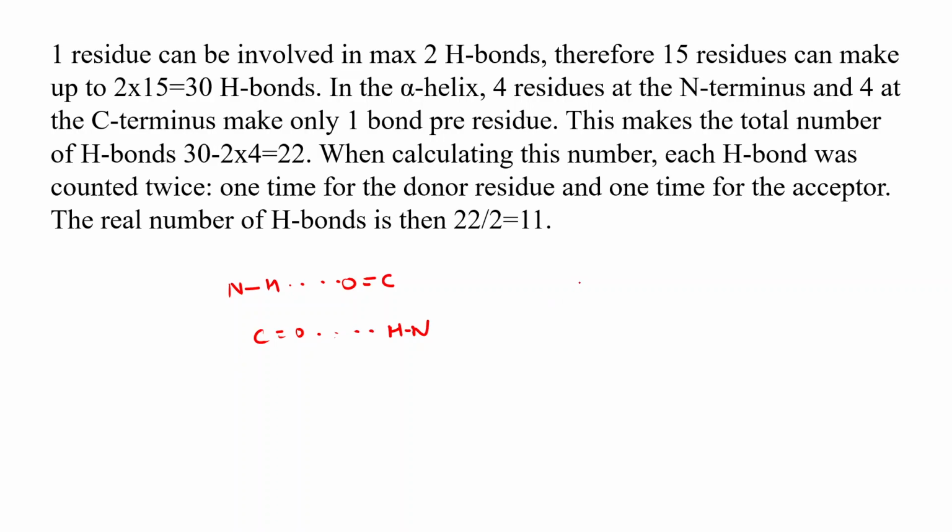In an amino acid we have both the amino and the carboxylic group. We discussed the peptide backbone structure. So this will form a hydrogen bond and this will also form a hydrogen bond, right? So one amino acid can have a maximum of 2 hydrogen bonds. So for 15 residues we can have a maximum of 2 hydrogen bonds for each residue. So that will be 30 hydrogen bonds.